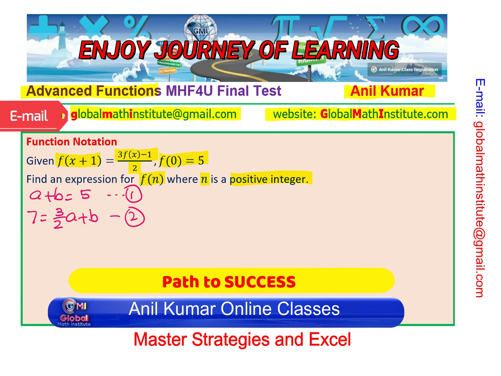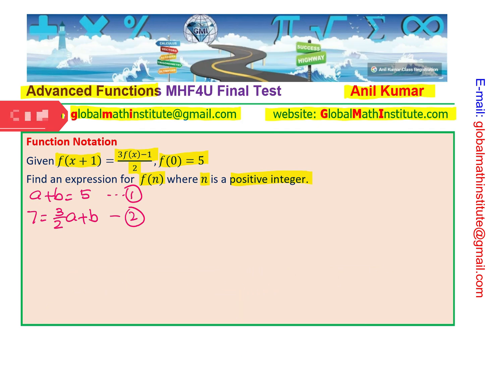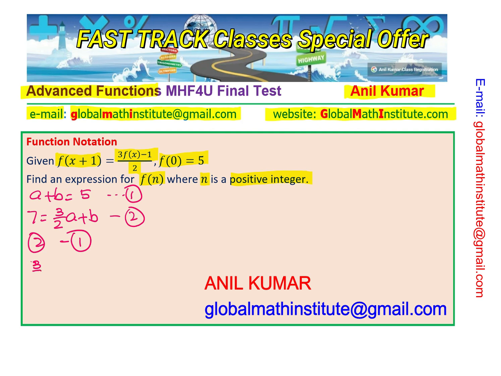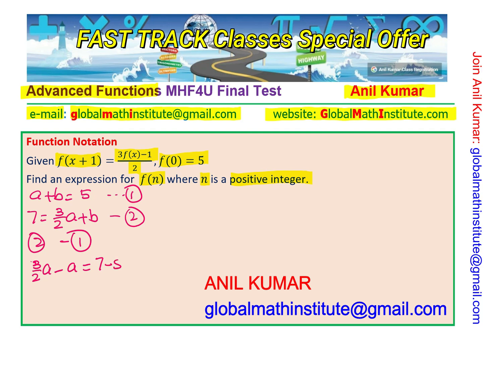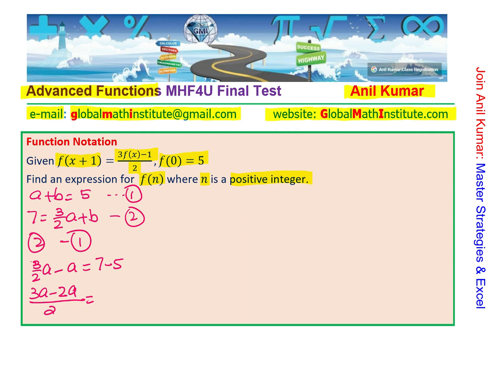So if we subtract one equation from the other, that is, if I do 2 minus 1, then b and b cancel. So we get 3 by 2 a minus a equals 7 minus 5. Clear? So we get (3a minus 2a) over 2 equals 7 minus 5, which is 2.